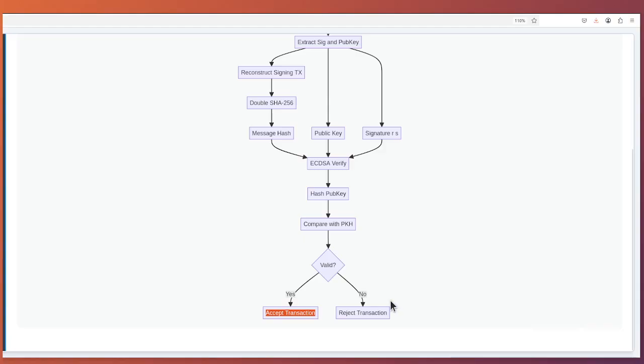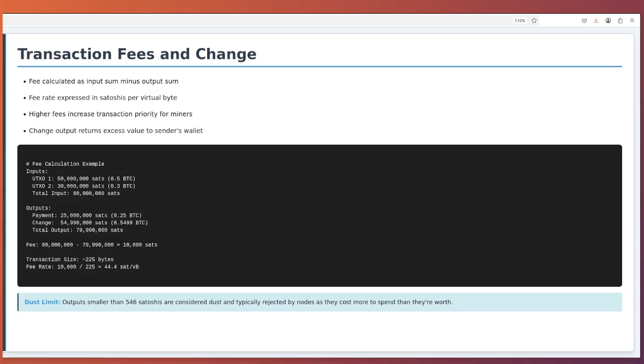The node also checks various other transaction validity rules, ensuring inputs reference existing unspent outputs, verifying that output amounts do not exceed input amounts, checking that the transaction size is within limits, and confirming that all consensus rules are satisfied. Only after all these checks pass is the transaction considered valid and allowed into the node's mempool or accepted in a block.